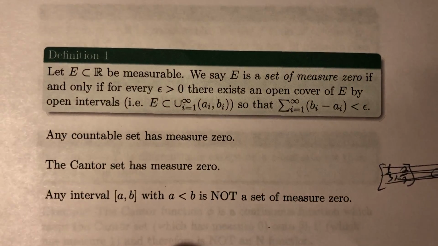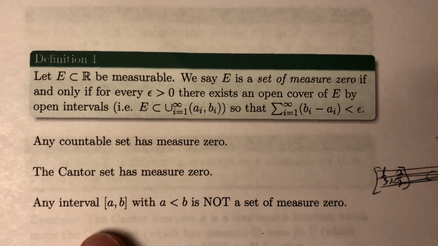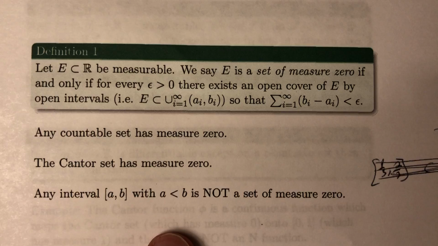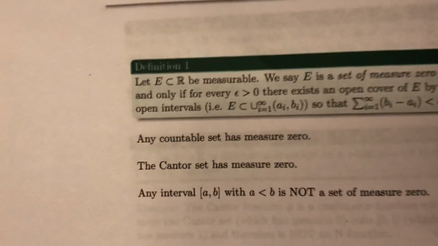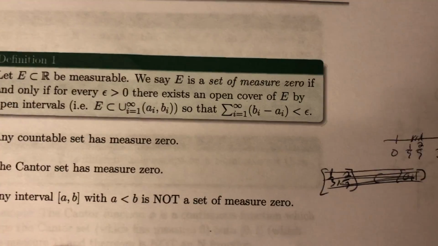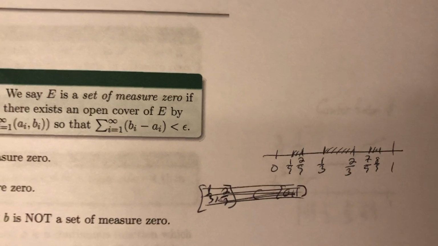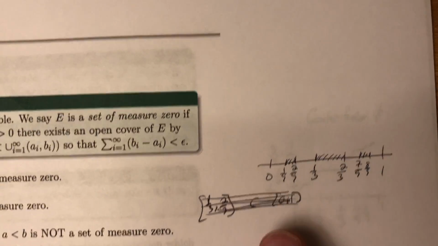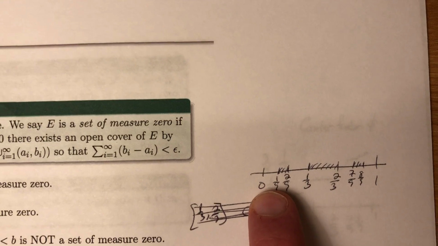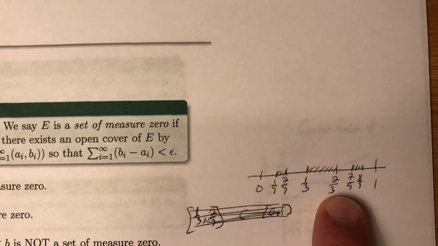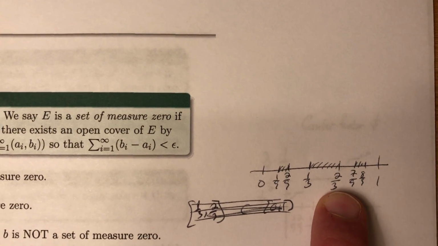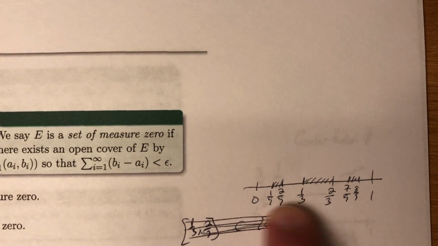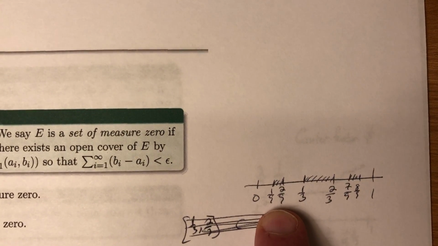Something which is not a set of measure 0 is an interval [a, b] where a is strictly less than b. But if you're familiar with the Cantor set, it turns out to be a set of measure 0. The Cantor set is made by taking the unit interval and first removing the interval from 1/3 to 2/3, and then removing the middle thirds of what remains.